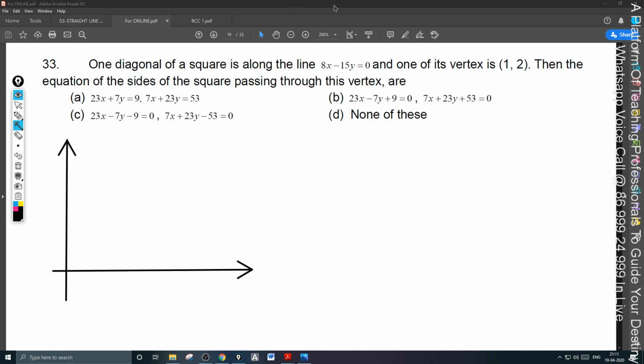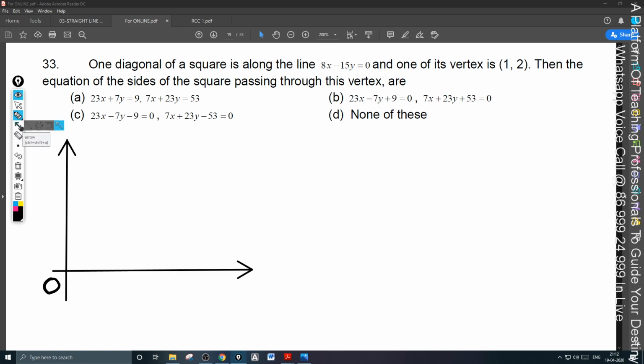It is clear that one of the diagonals is passing through the origin because there is no constant there. And one of its vertices is given to be 1, 2. Whether this 1, 2 is satisfying this or not? No, 1, 2 is not satisfying this, and hence this point will not be lying on this diagonal.